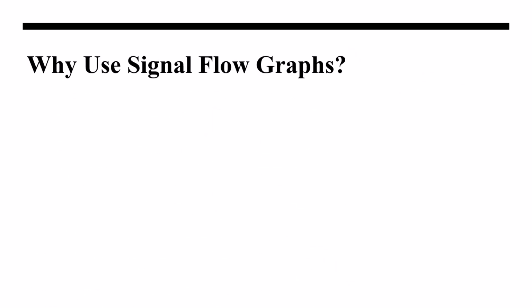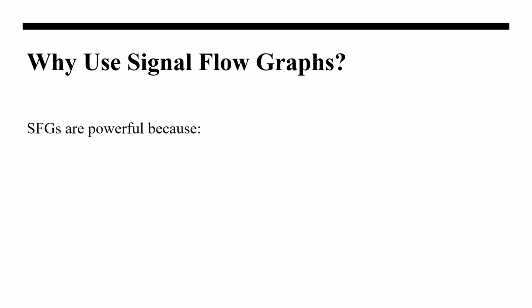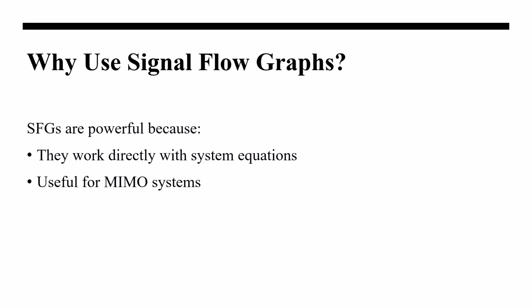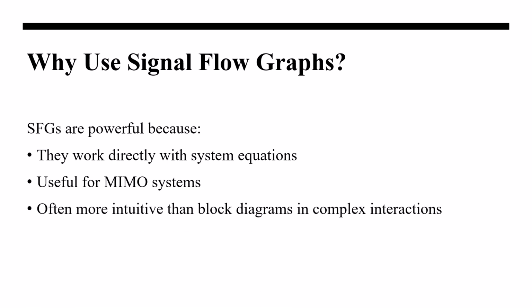And why do we need to use signal flow graphs? Because signal flow graphs are very powerful. They make it easy to understand the system equations, and when you have multiple inputs, multiple outputs and multiple internal equations, we can use signal flow graphs to reduce each and every one and understand every point of contact, every point of intersection, every point of consideration. Also, they connect to block diagrams, even in complex interactions.